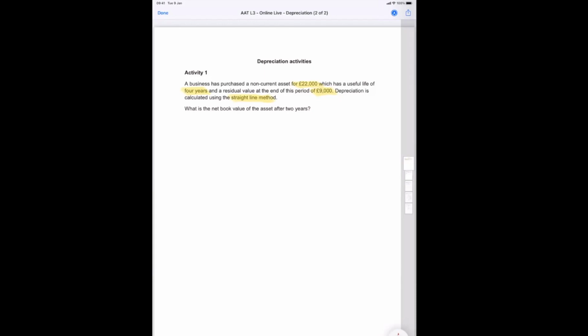So we start with £22,000, our at cost amount, minus the residual value, which means we have a total depreciation of £13,000.